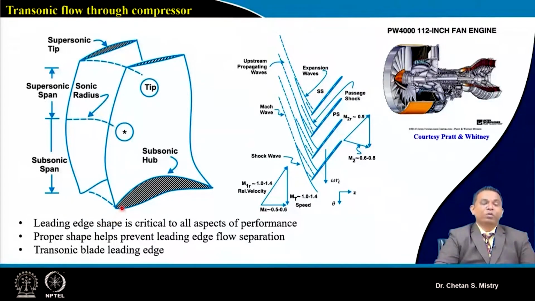Now if we consider the same kind of aerofoil near the tip region, because of the presence of supersonic flow, it may be possible that it will be giving different flow characteristics. We will be discussing that part. We know from our fundamentals of gas dynamics that when we are having our flow to be supersonic, we are looking for a sharp edge.